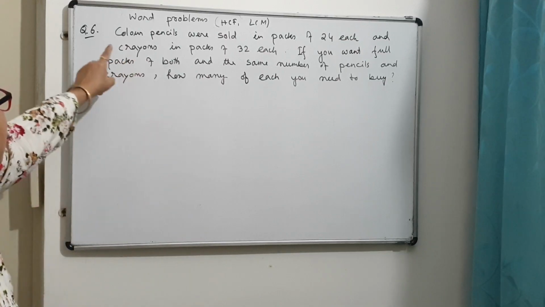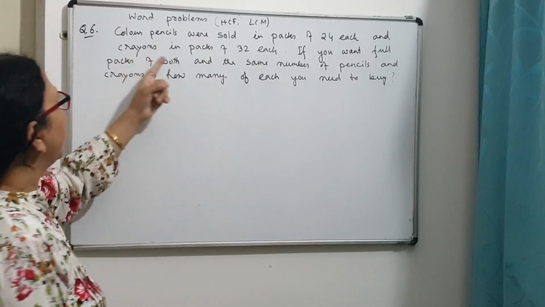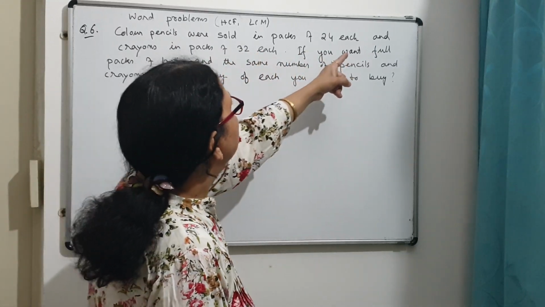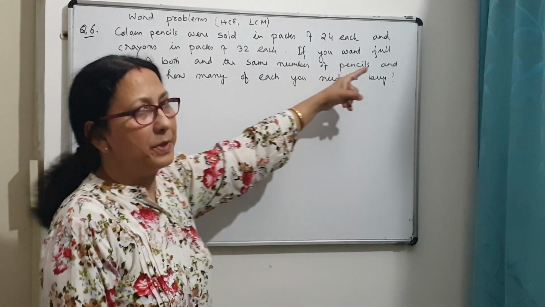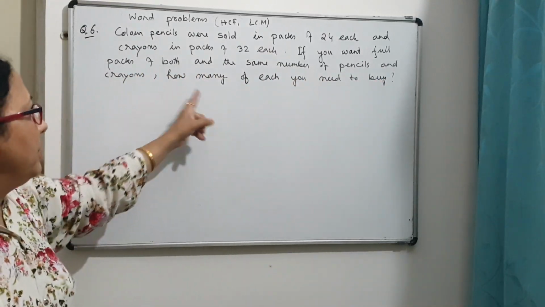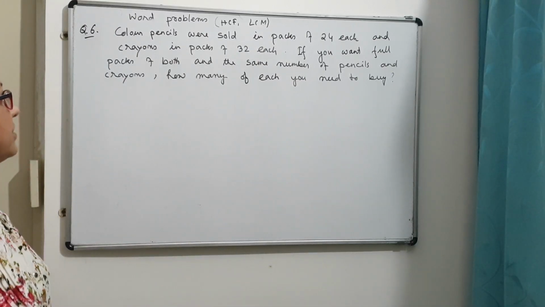Next question. Color pencils were sold in packs of 24 each and crayons in packs of 32 each. If you want full packs of both and the same number of pencils and crayons, how many of each do you need to buy? Okay, so what does the question say?